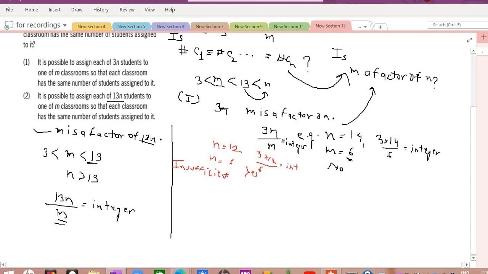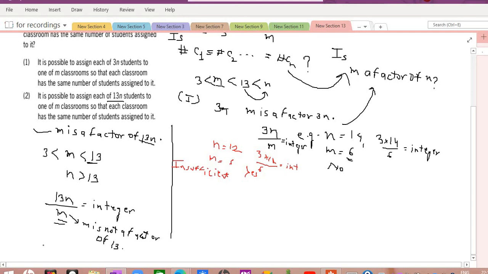So if it is divisible, it's not because of 13. Exactly, it must be because of n alone. M is not a factor of 13 for sure. So definitely m is a factor of n. Then only can you divide and get an integer: 13n is divisible by m.